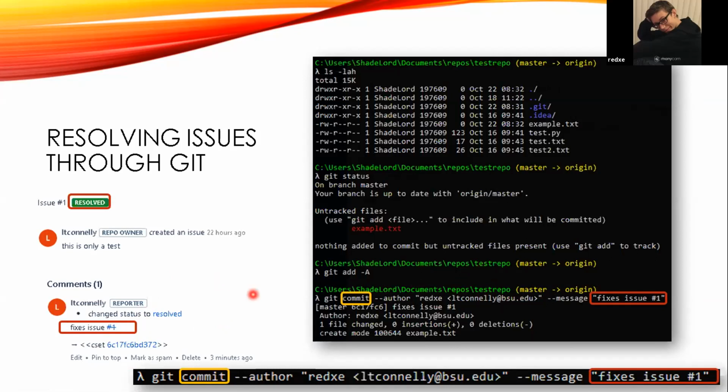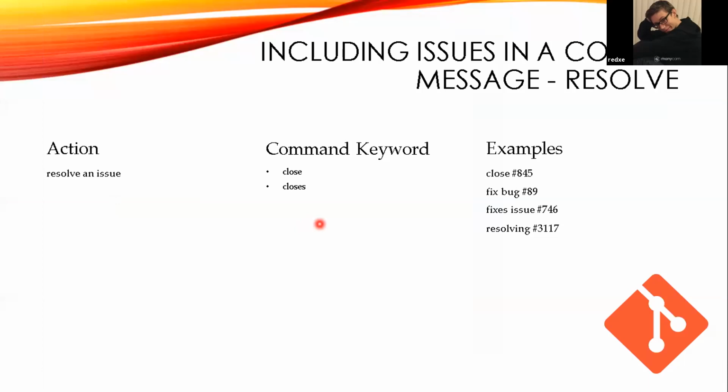So from there, we don't have to manually go back into Bitbucket on our account and say that we've fixed the issue. We essentially kill two birds with one stone, and it's essentially the end of it.